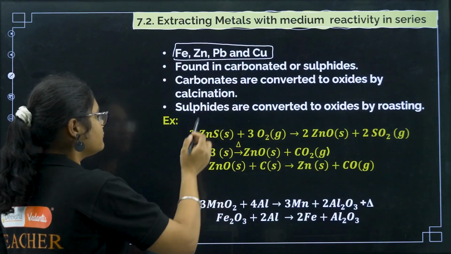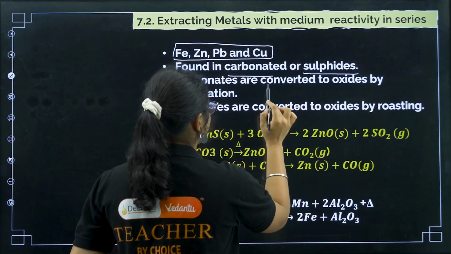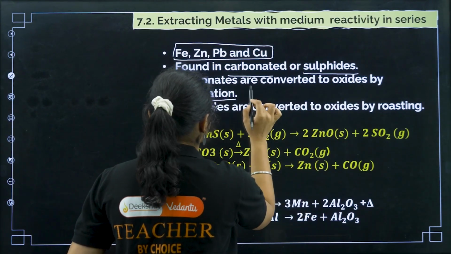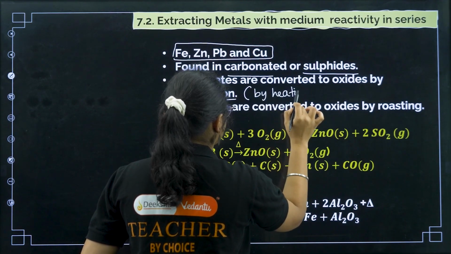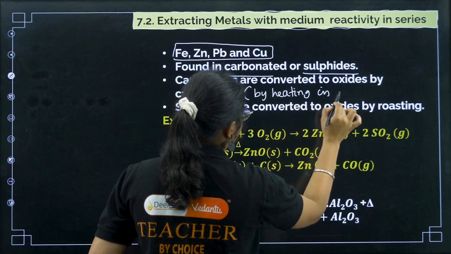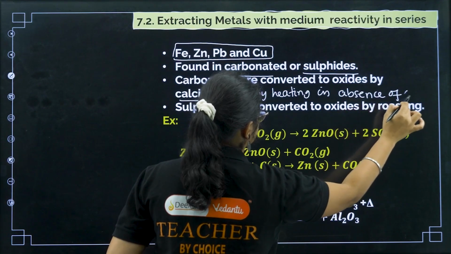Now they are found either as carbonates or in the form of sulfides. Carbonates are converted to oxides by calcination, means by heating in the absence of O2.